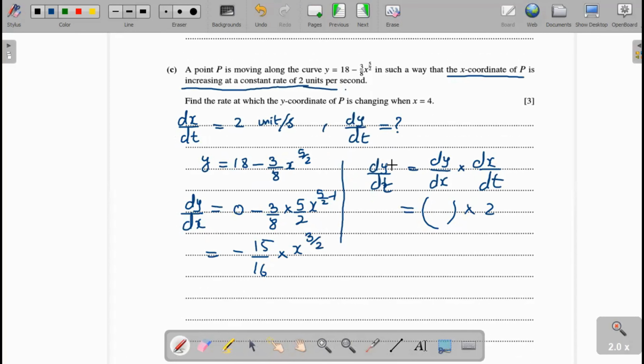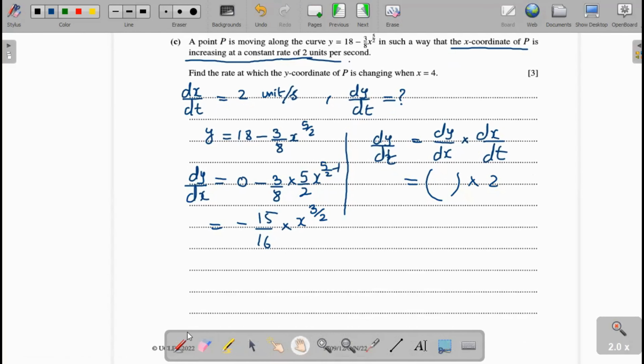Now here x of P is 4. The value of dy over dx at x equal to 4 will be equal to minus 15 over 16 multiplied by 4 power 3 over 2.